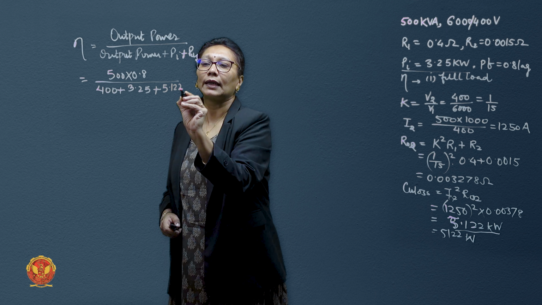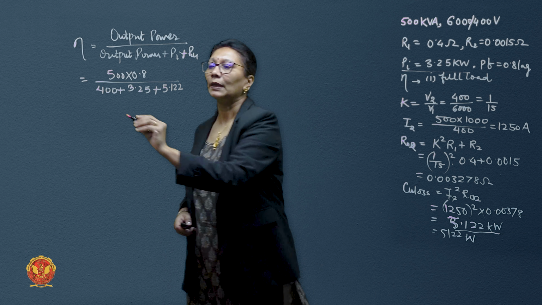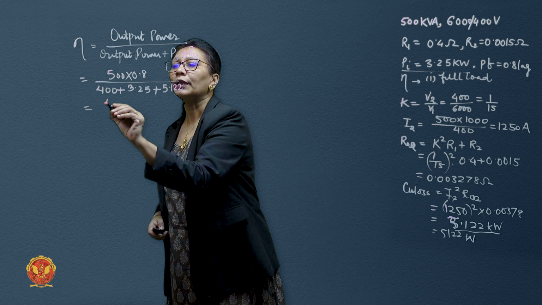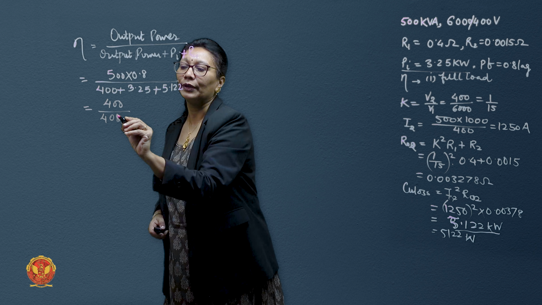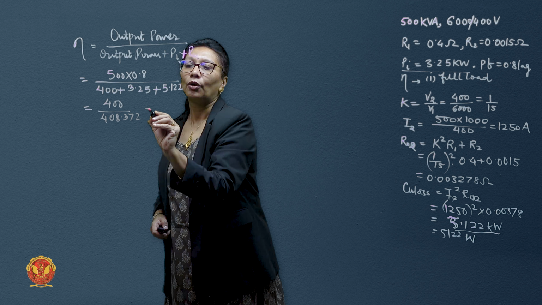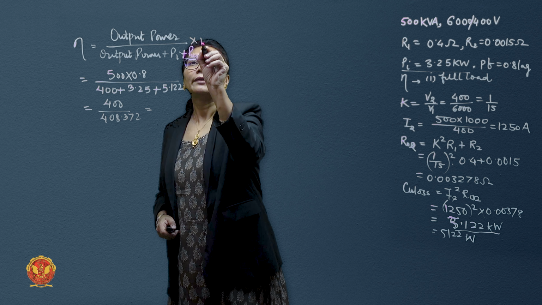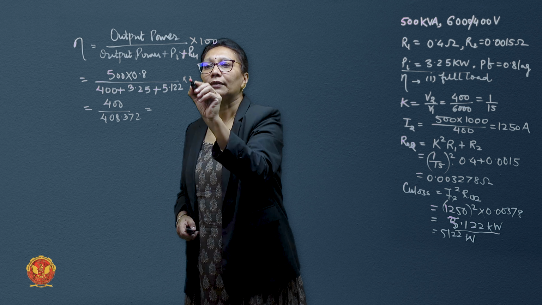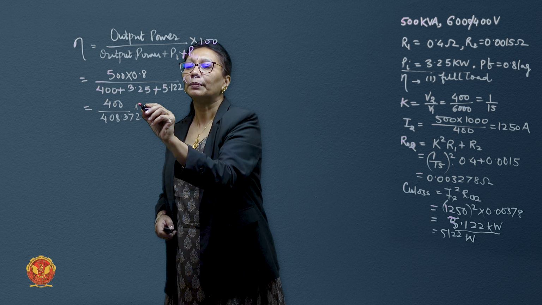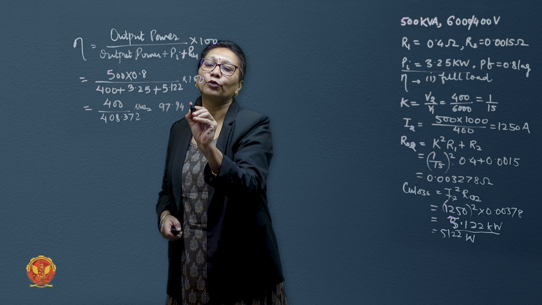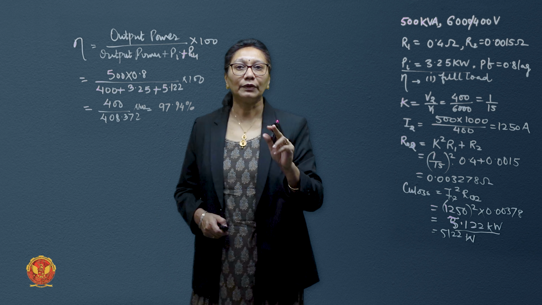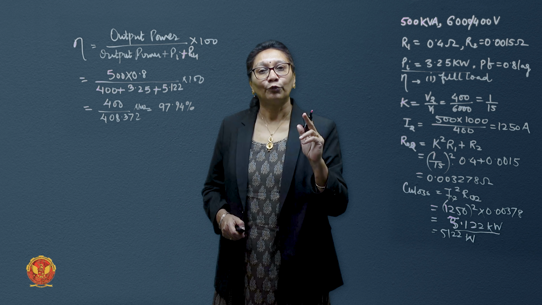So efficiency comes out to be 400 by 408.372. If we multiply this by 100 to get the percentage, we get 97.94%. So here we have got the efficiency at full load.